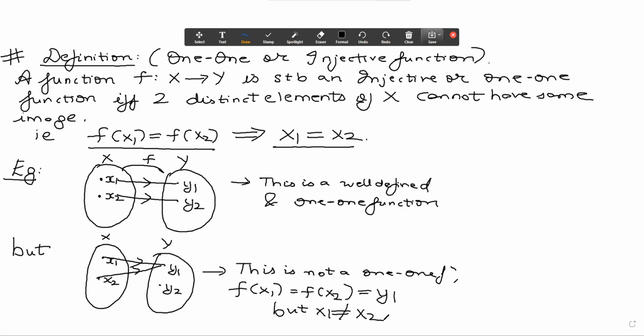Now, erasing all this, let's do the definition of onto or surjective function.